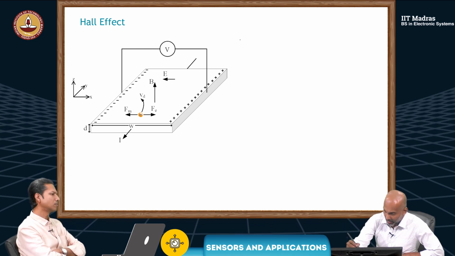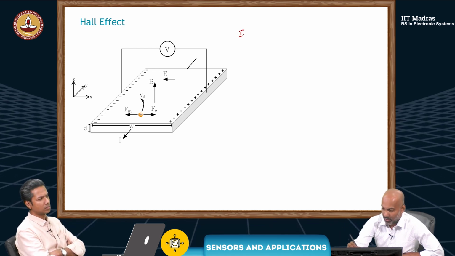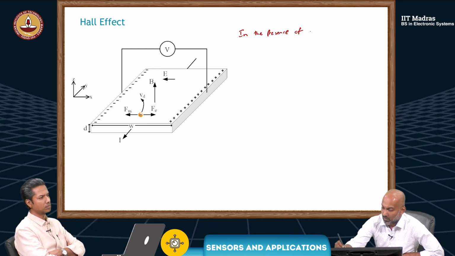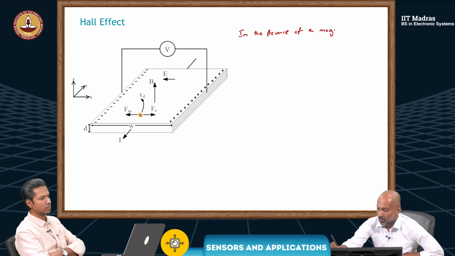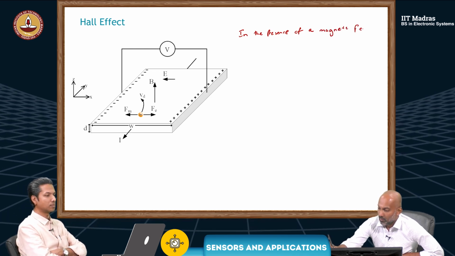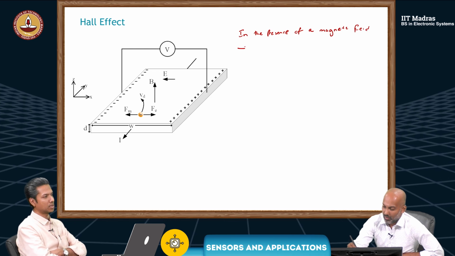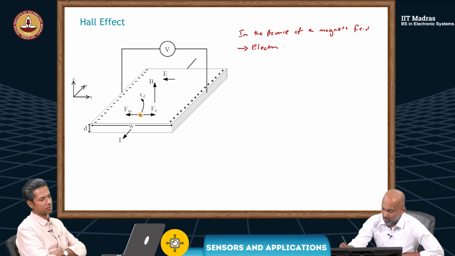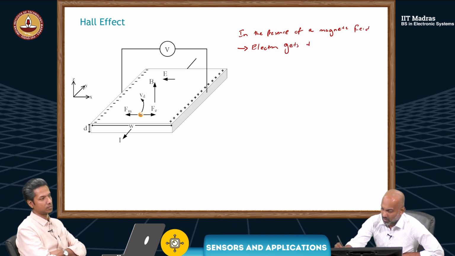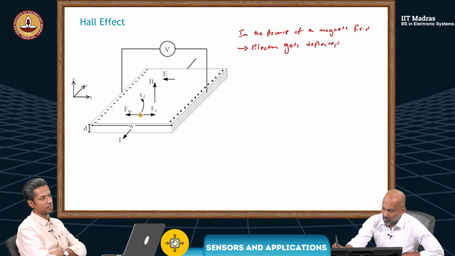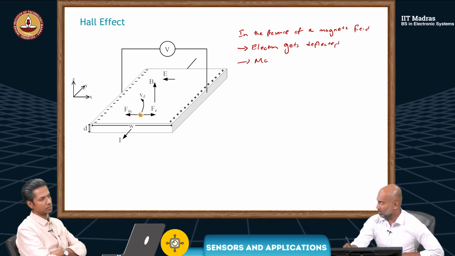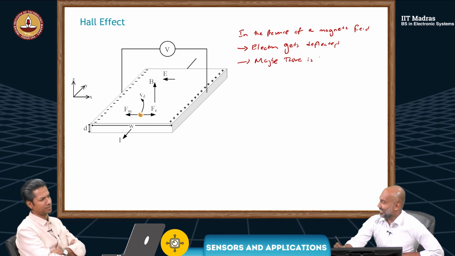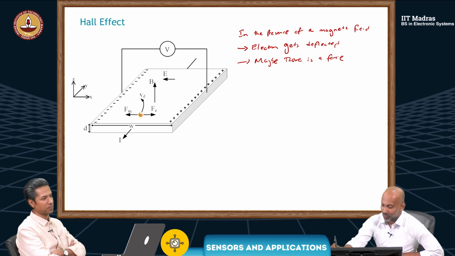Now, in the presence of a magnetic field, the electron gets deflected because, I heard something called the Lorentz equation, maybe there is a force acting on this particle.